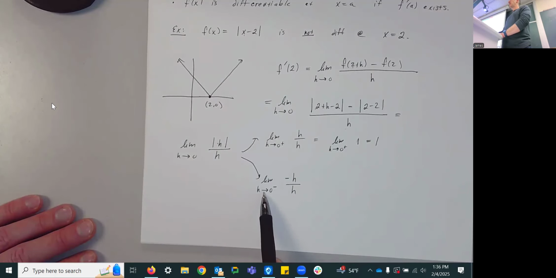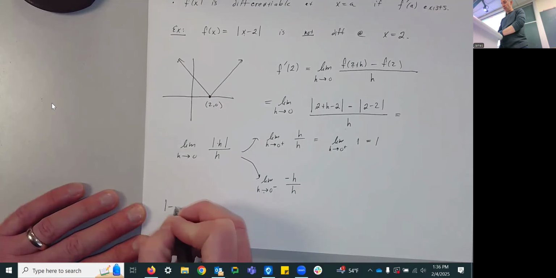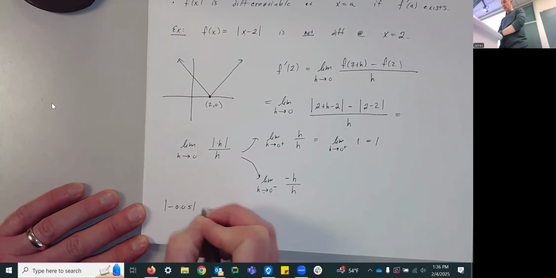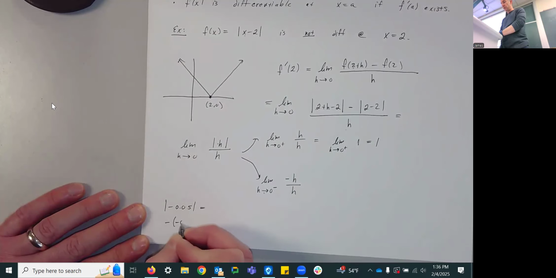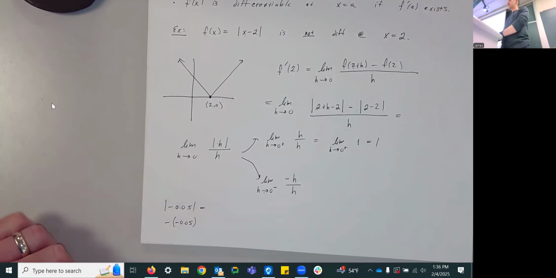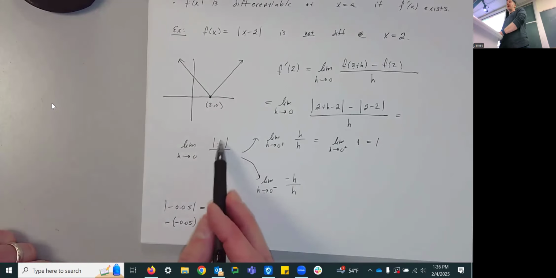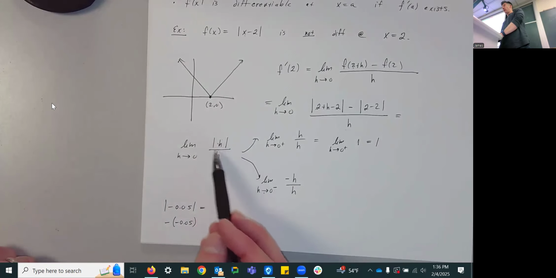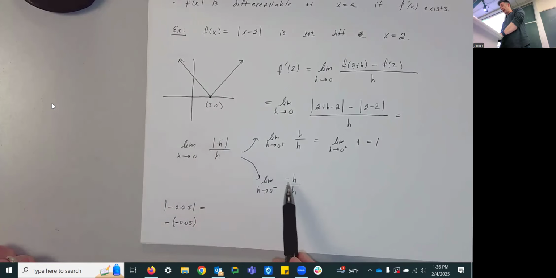Slightly negative. So the absolute value of a slightly negative number, like the absolute value of negative 0.05, is 0.05, the negative of it to make it positive. So whenever you have the absolute value of something, and the inside part we know is negative, even though I'm not actually writing a number there, I have to take the negative of that to turn it positive.